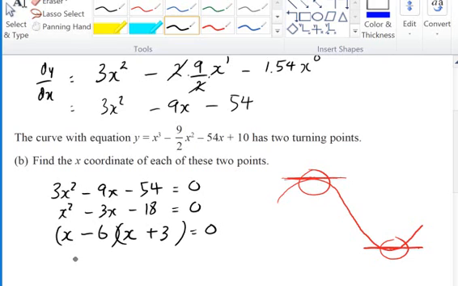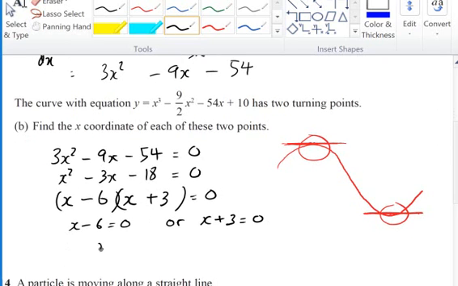So now we know that we could have x minus 6 is equal to 0, or x plus 3 is equal to 0, in which case x could be 6 or x could be minus 3. And that's an easy way to get some marks.